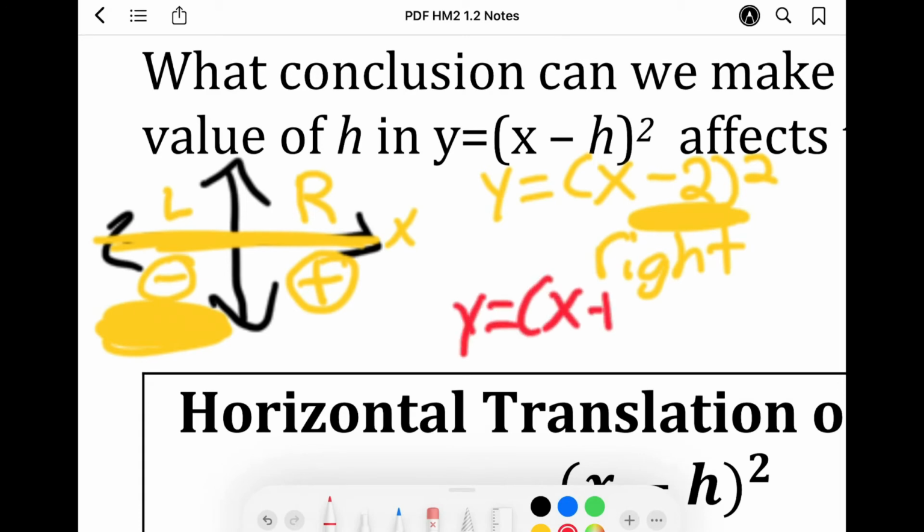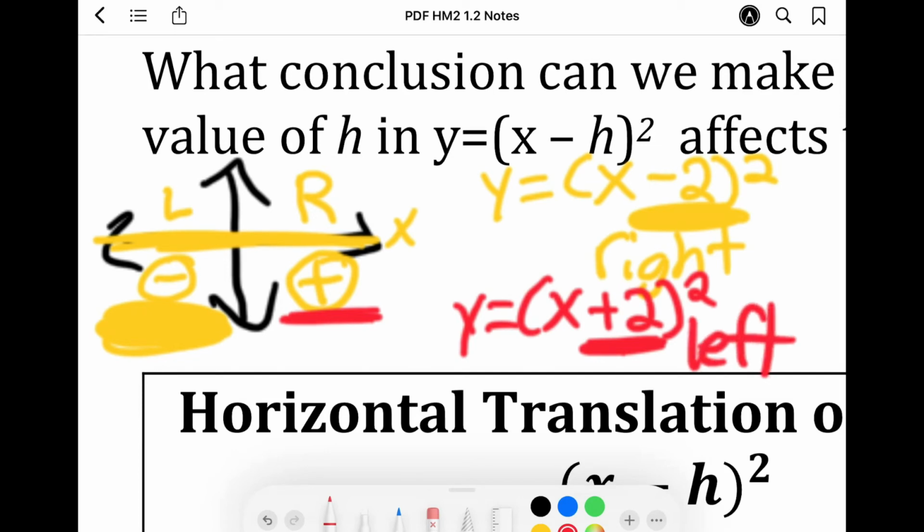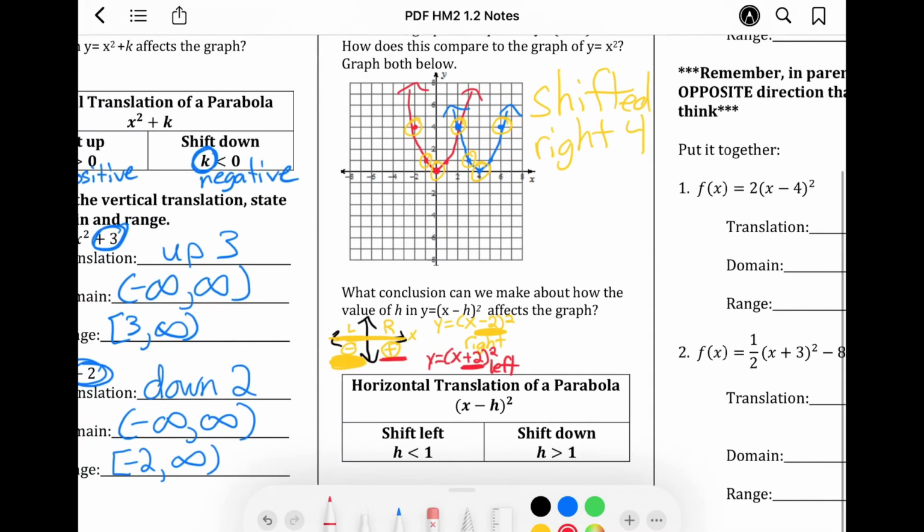Now what if you're given y equals x plus 2 squared? Well, because on the inside with the x, you have a positive, you're going to be moving away from the positives on the x-axis. So you're actually going to be moving left if it's positive and in the parentheses.